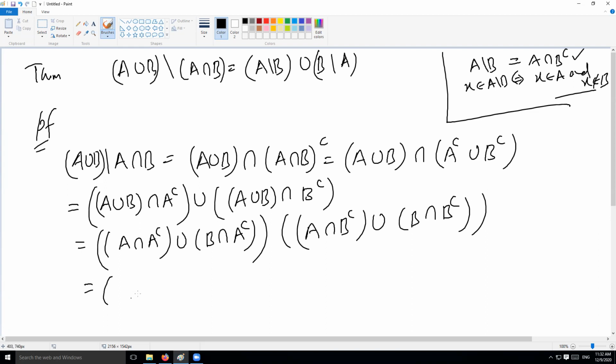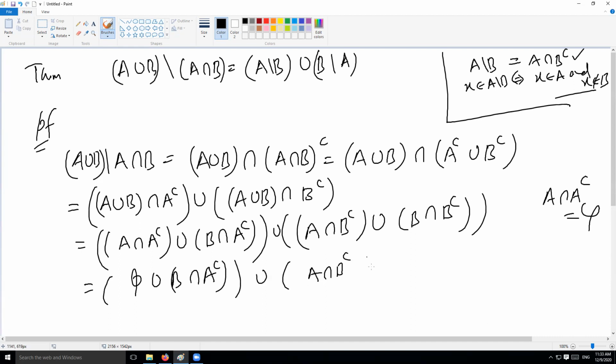Now what would be A intersection A complement? If you intersect a set with its complement, what are you going to get? Null set, sir. You're going to get the null set. You're going to get phi union B intersection A complement, and union A intersection B complement union empty set.